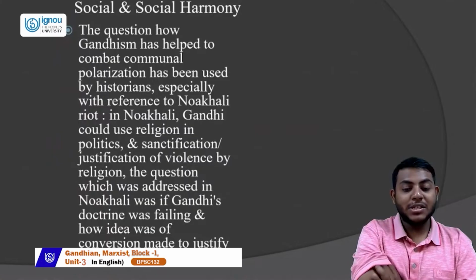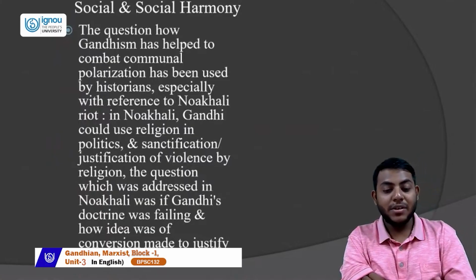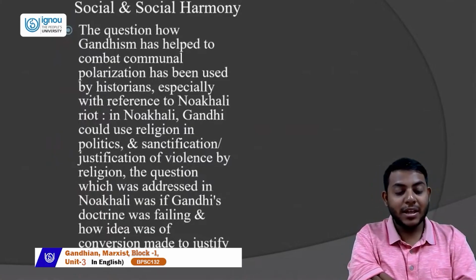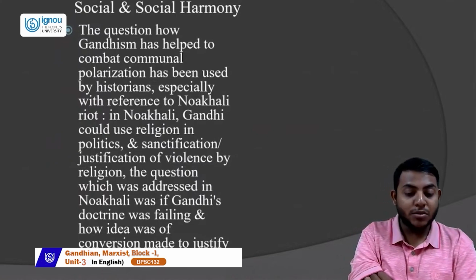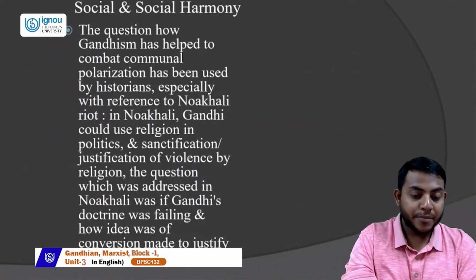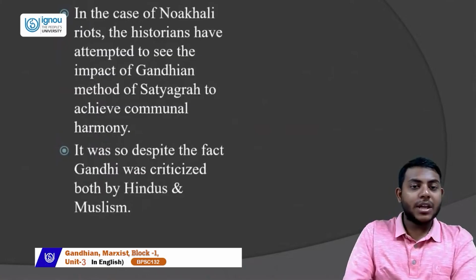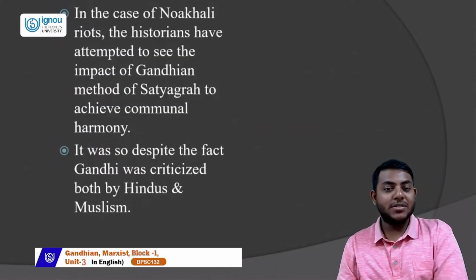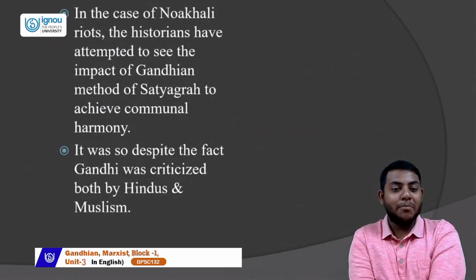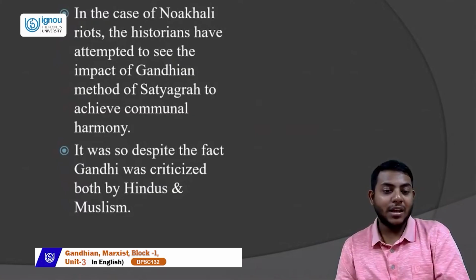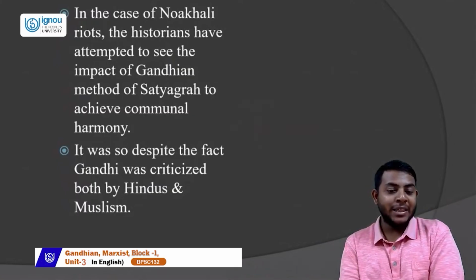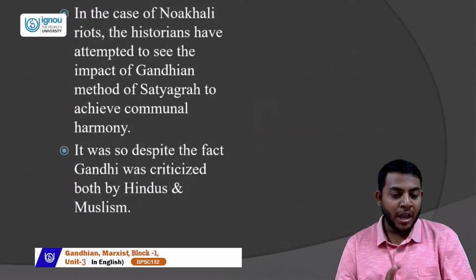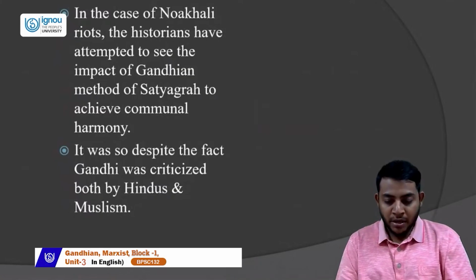The question addressed in Noakhali was whether Gandhi's doctrine was failing and how the idea of conversion was made to justify violence. Historians have attempted to see the impact of the Gandhian method of satyagraha in achieving communal harmony, despite the fact that Gandhi was criticized by both Hindus and Muslims.